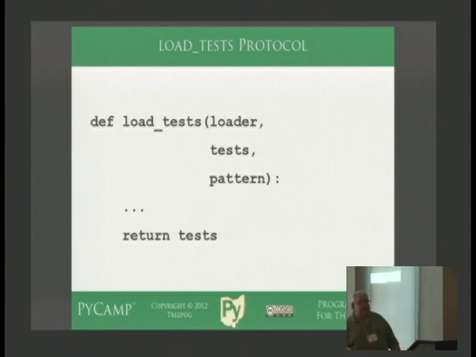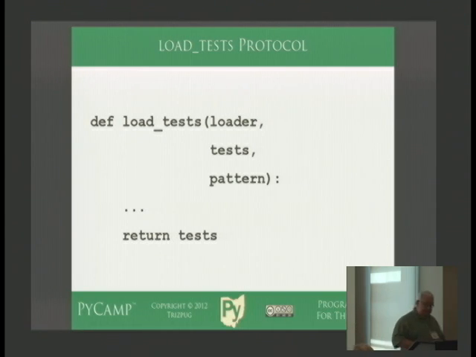It turns out that the unittest module provides another way of discovering unit tests. If your module provides a function called load_tests, with 3 arguments, they can be called anything, but typically we call the parameters loader, tests, and pattern, and it returns a test suite.